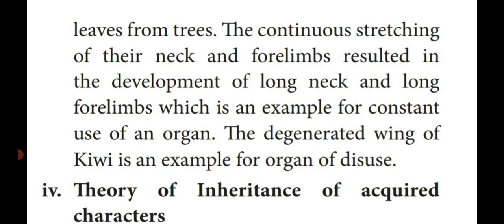This is another example of disuse of an organ. So, usage of an organ is the example of giraffe. Disuse of an organ is the example of kiwi. This is an important question. With the help of these two examples, Lamarck proved the use and disuse theory.